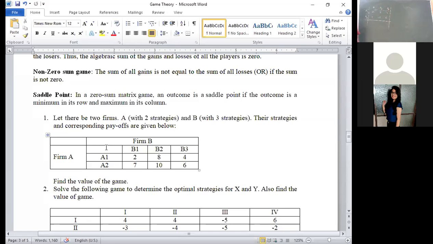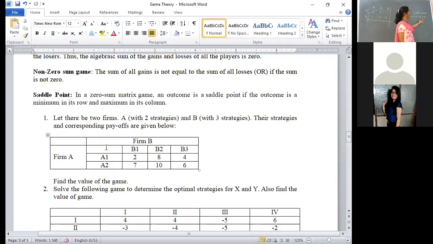Here, listen, only one formula is there for game theory. First, you have to remember this. Row minima equal to column maxima is called a saddle point. If a saddle point exists, in every row you have to choose the minimum value, and in every column you have to choose the maximum value.